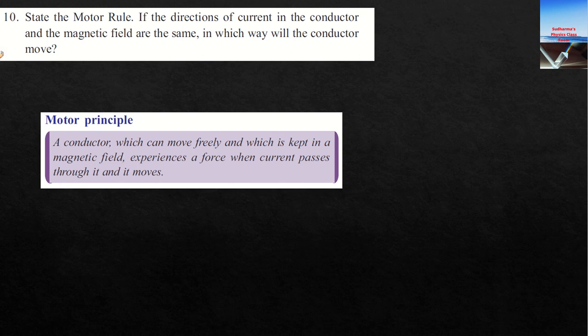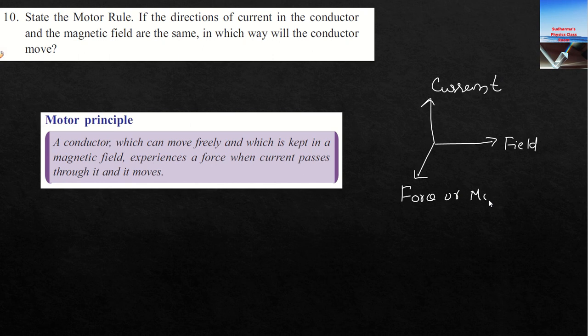In Fleming's left hand rule, it says that we have to keep three fingers of our left hand in three mutually perpendicular directions. So if I'm taking, say, this is field, this is current, and this is the force or motion.